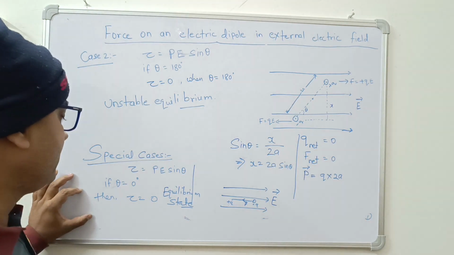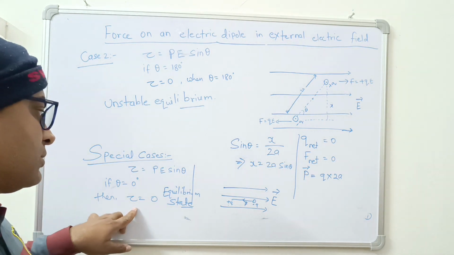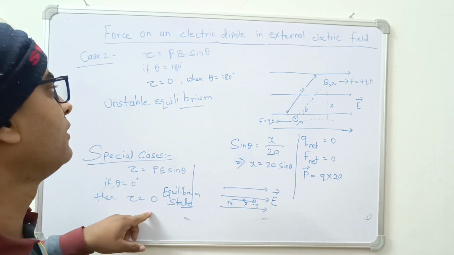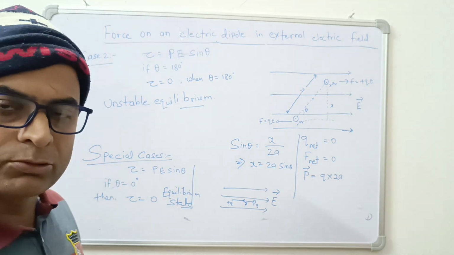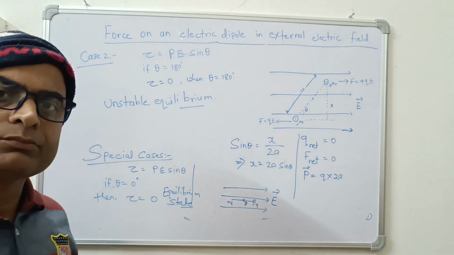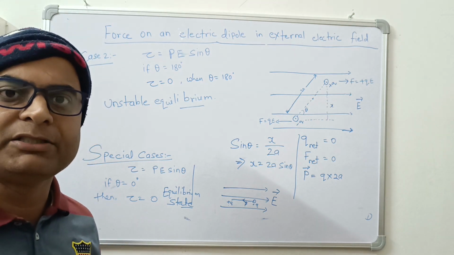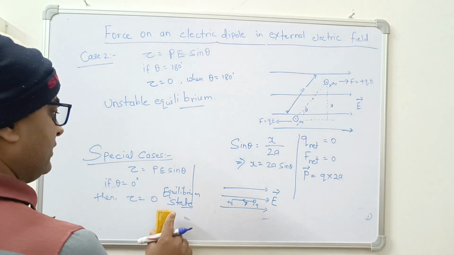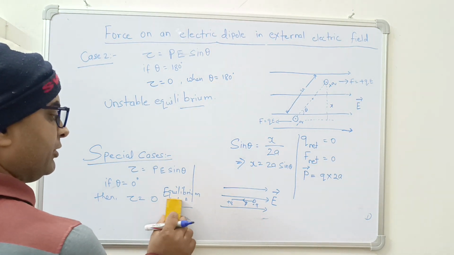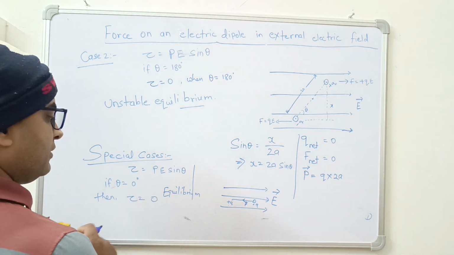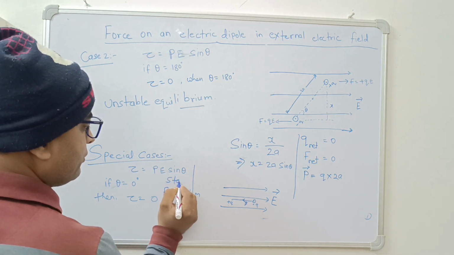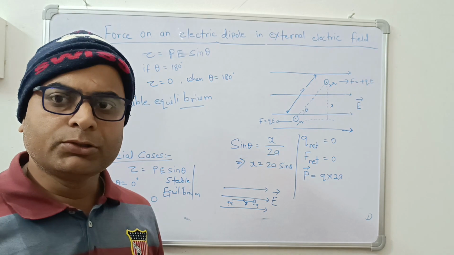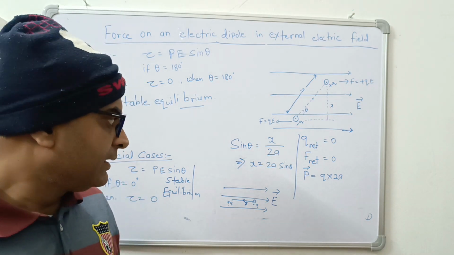You have to simply say that torque will be 0 when theta is 0, and when theta is 180 degrees torque will also be 0, but it will be an unstable state, and the other is called a stable equilibrium. So this is the thing.